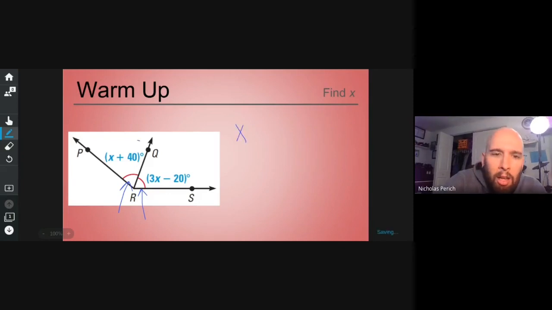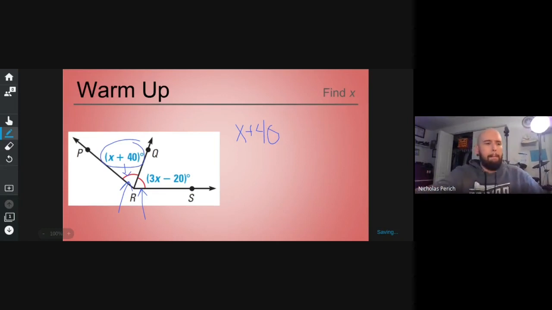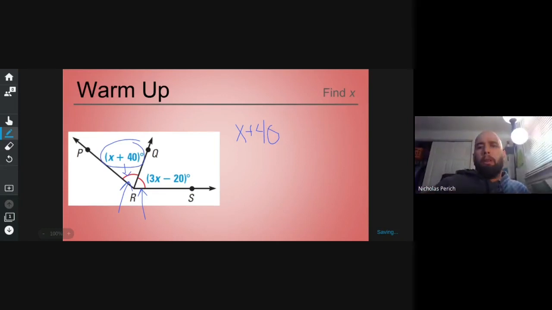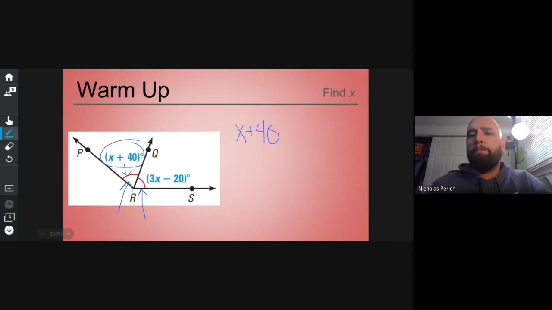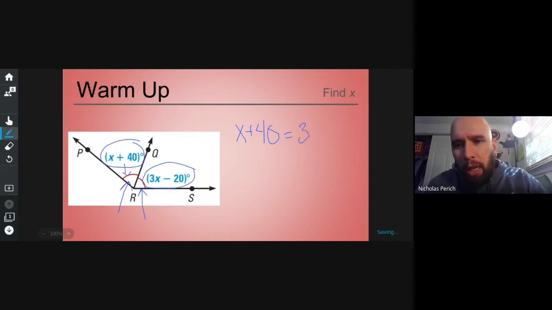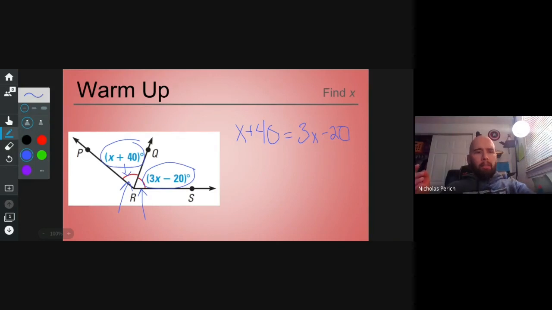So since those red marks are there, I can set up this little expression designated for that mark. So x plus 40 equals that mark's designation, 3x minus 20, and now it's just as simple as solving an equation with variables on both sides.